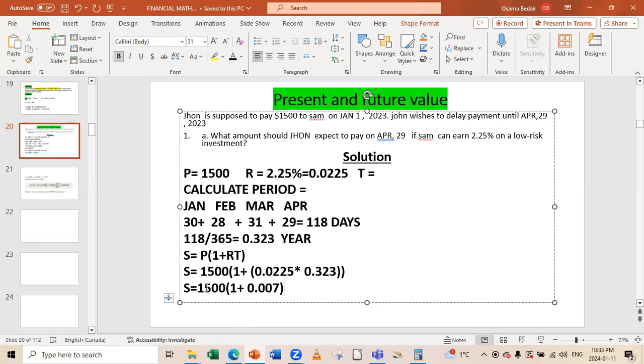So this will equal $1,500 multiplied by 1 point, then 1 multiplied by 1 point 0.007.